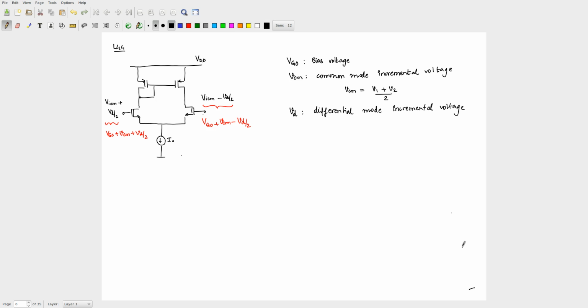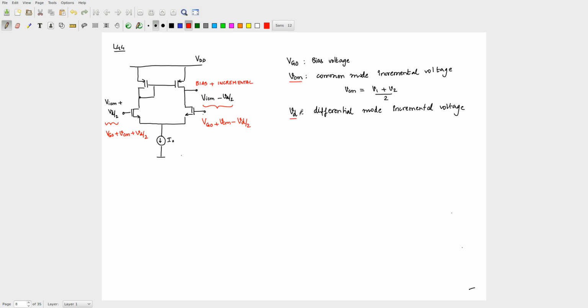Now, where do we take the output in this particular circuit? We take the output here, and this will also have a bias quantity plus an incremental quantity. In today's class we are going to calculate the incremental gain for the common mode, and then the incremental gain for the differential mode.